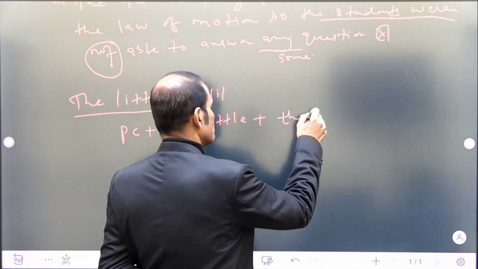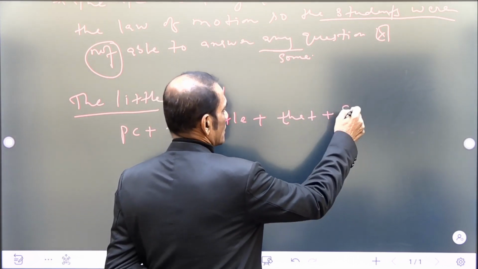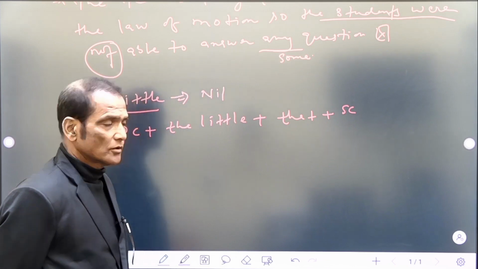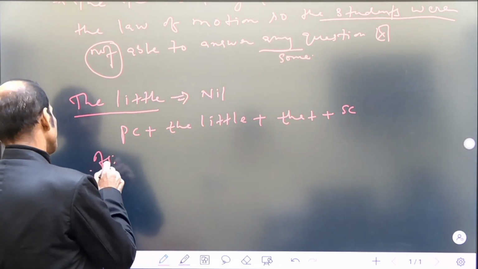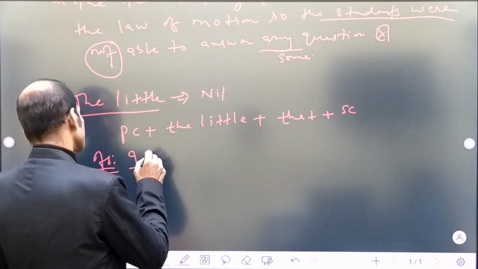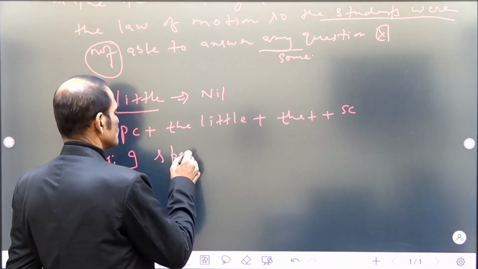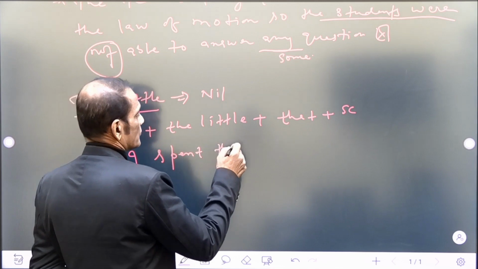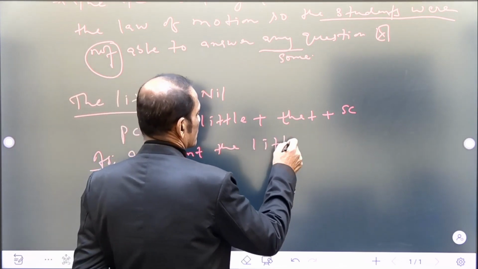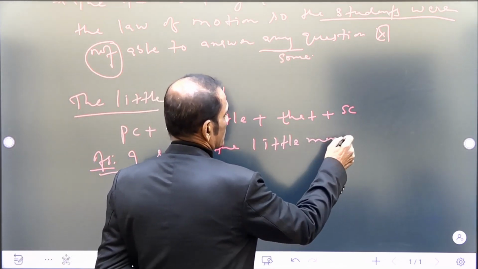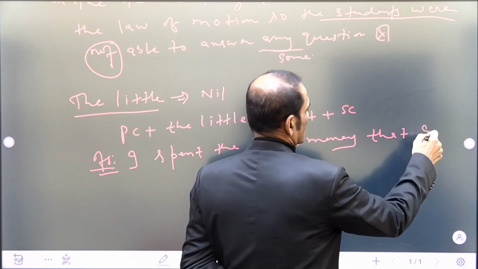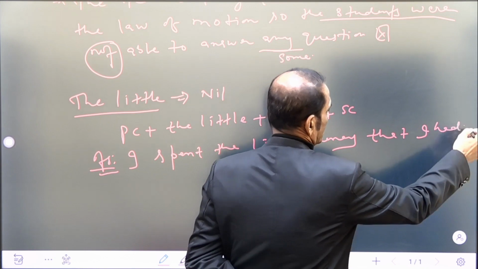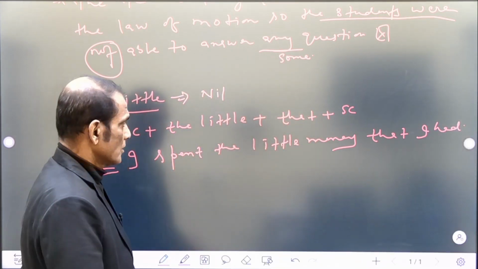It should be that plus SC. SC means subordinate clause. For example, I spent the little money that I had. Here is that.